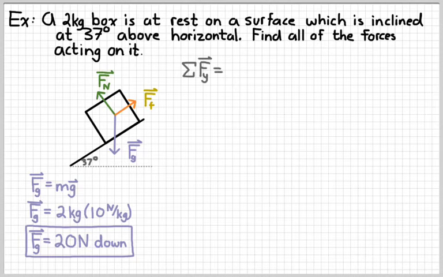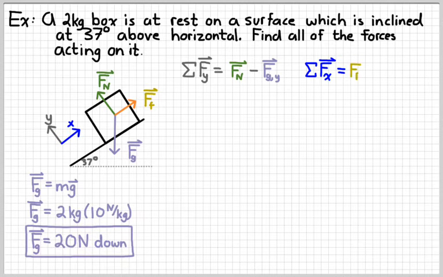The next step would be to write a net force equation in each direction. Net force in the y direction, so remember y is that way, perpendicular to the surface, would be the normal force minus the y component of the weight. And in the x direction, remember that way is x, we've got friction minus the x component of gravity.